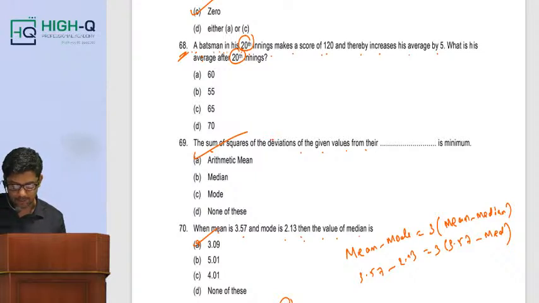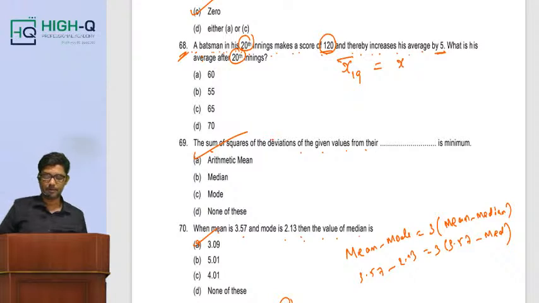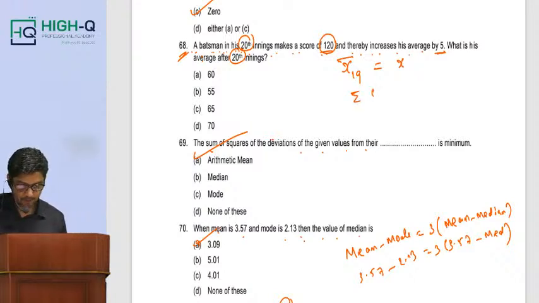A batsman in his 20th innings makes a score of 120 and thereby increases his average by 5. See, listen here. After making 120, the average increases by 5. That means for 19 matches, let me take his average as X. So the sum of all 19 matches is going to be 19x. Am I right, my dear?